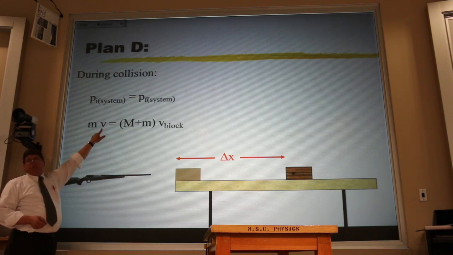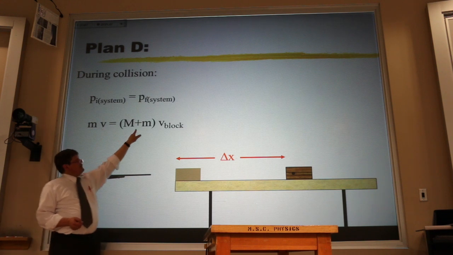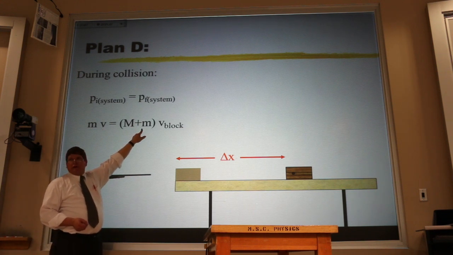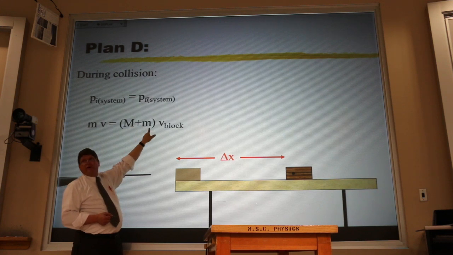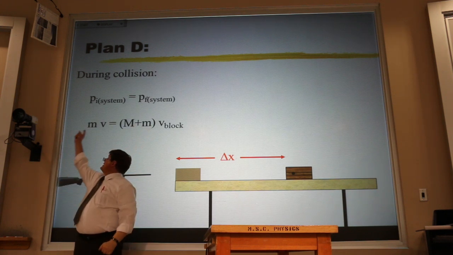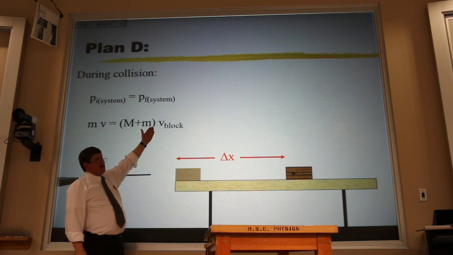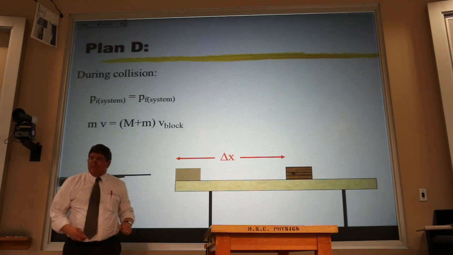And remember, that's what I'm looking for, that muzzle velocity V. After the collision, the block and the bullet stuck together are moving at some final velocity V block. If I know what V block is, and I know how massive the block and the bullet are, I can solve for V. Well, how do I know how fast it's going after the collision?